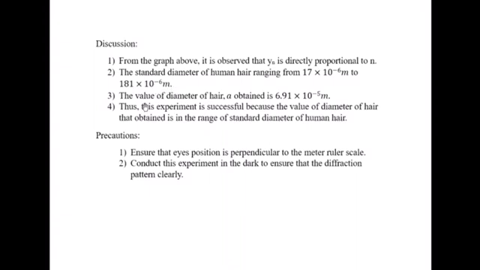And the value of the diameter of hair, which is A, that we obtained in this experiment is 6.91 times 10 to the power of negative 5 meter. Thus, this experiment is successful because the value of the diameter of hair that we obtained is in the range of the standard diameter of human hair.